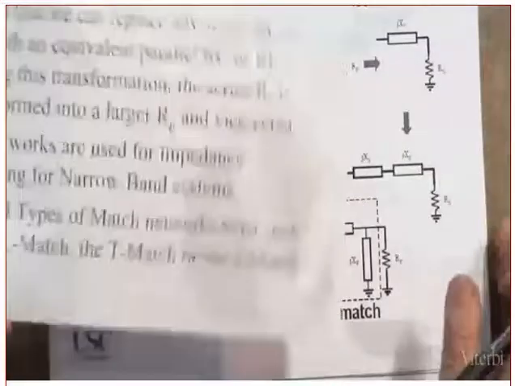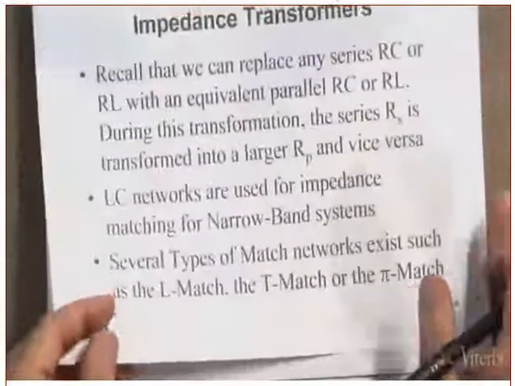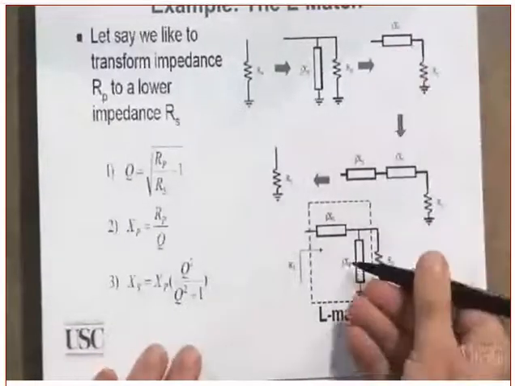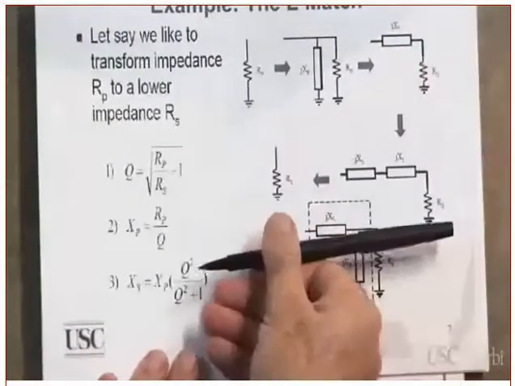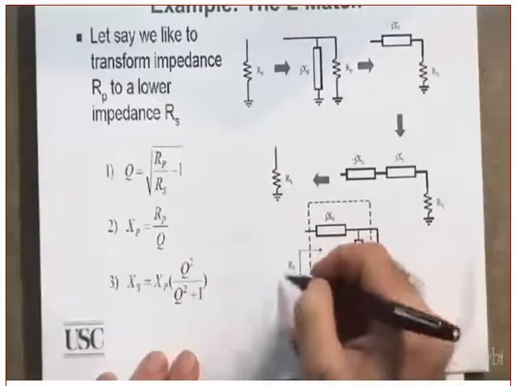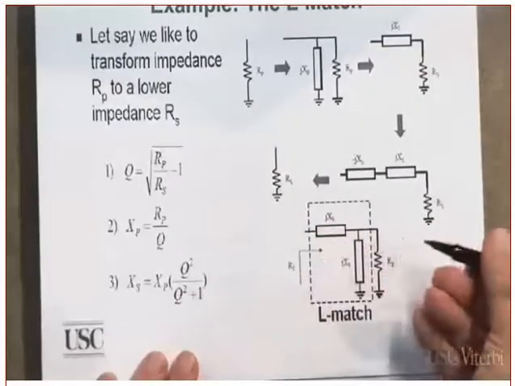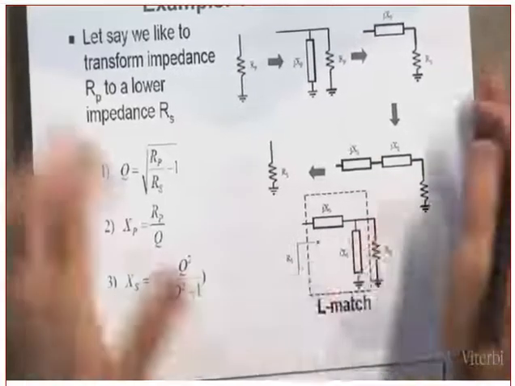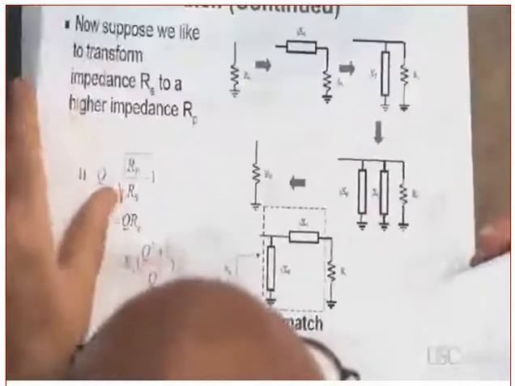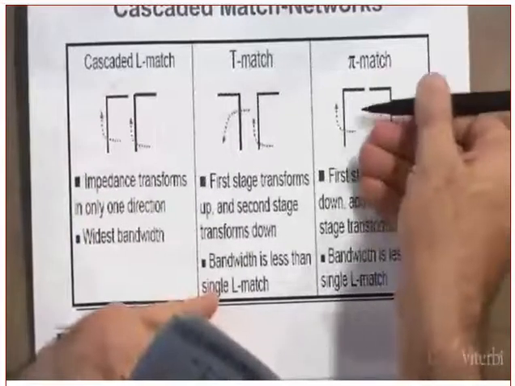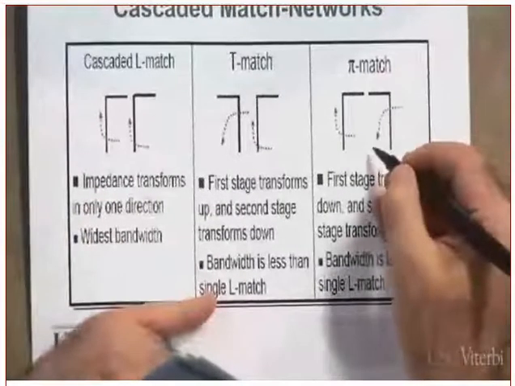Now we said that we do have an L shape. Always remember, when this L is pointing toward here, this resistance is higher than this resistance, which means you are transforming high to low. Let me show you one. Here, this one is pointing here: high to low.